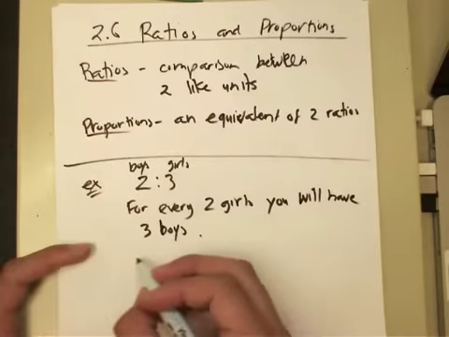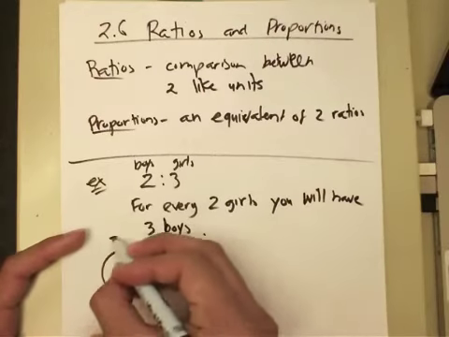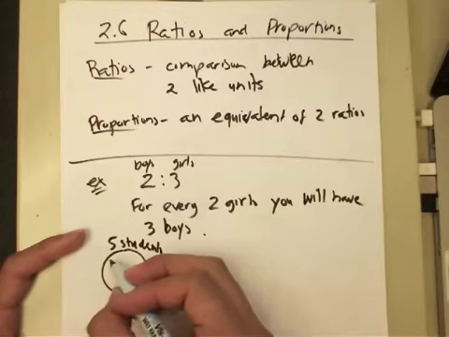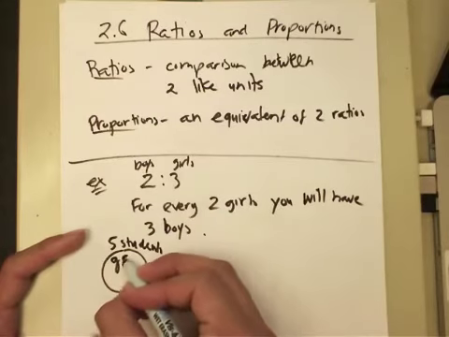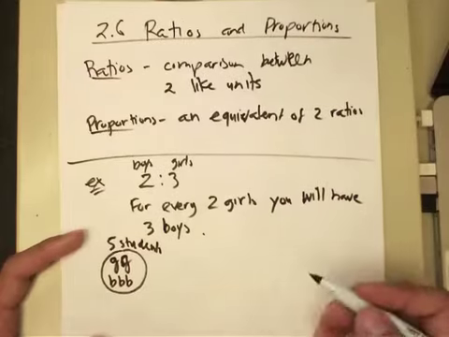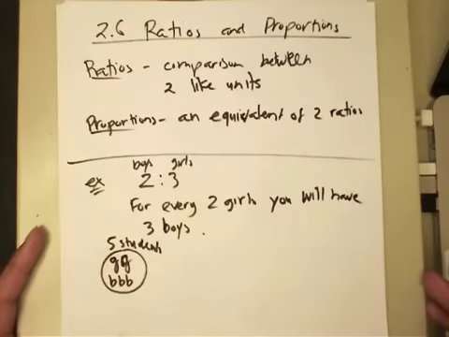So that means out of a group of 5 students, you expect to have 2 girls and 3 boys. So depending on how many groups I have, let's say I have 2 groups, you expect to have 4 girls and 6 boys, for instance. Okay, so just keep that in mind.